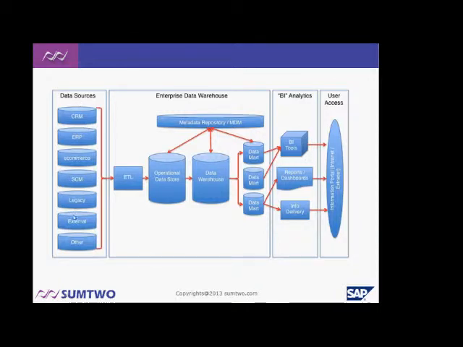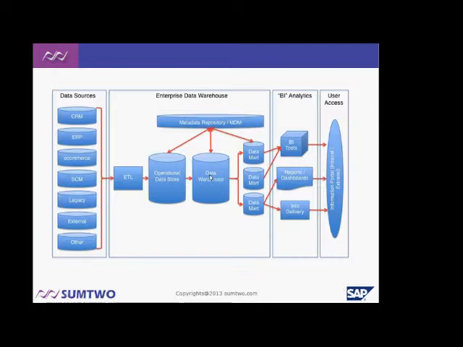So we have multiple data sources, and then all the data is moved into the operational data store. The data in the operational data store is typically whatever data is required for the analysis, and here we use an ETL tool to move the data from the source to the operational data store. SAP's ETL tool is BODS, Business Objects Data Services, and once the data is in the operational data store, it is moved to the data warehouse.